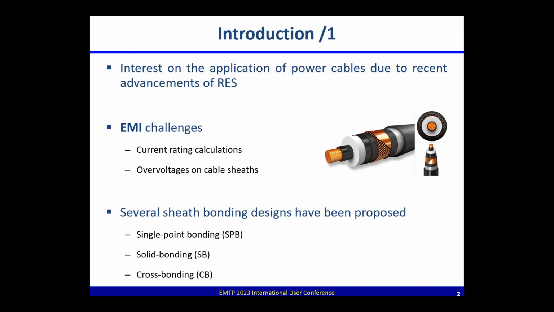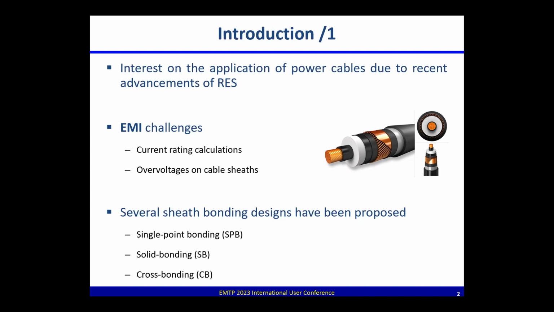The other one is solid bonding, where both ends are bonded and grounded. And the third one is the cross bonding scheme, where we have, in the ideal scenario, three minor sections of 1/3 of the cable length each, where the sheaths are mutually interchanged.